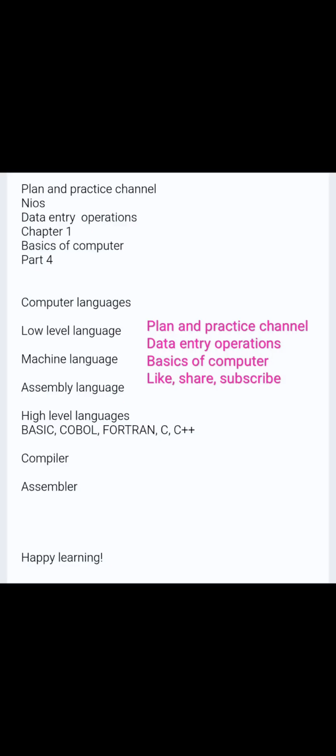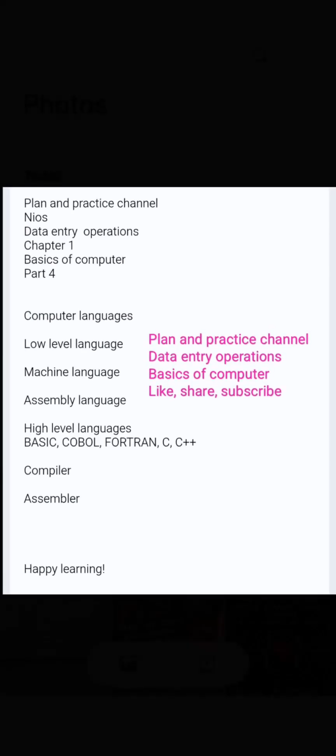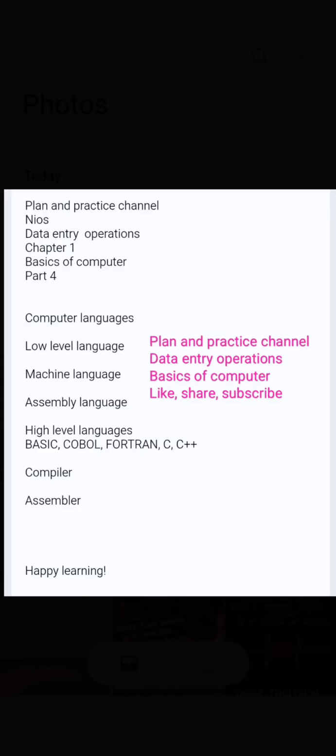It is also machine dependent. Programmers must have knowledge of the machine on which the program will run. So all this is the requirement of assembly language. Then high level language. You know that low level language requires extensive knowledge of the hardware since it is machine dependent.